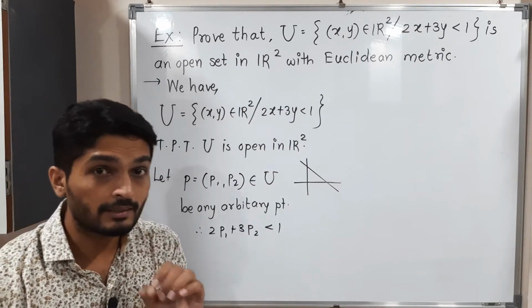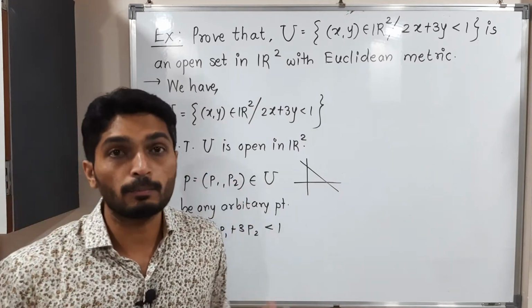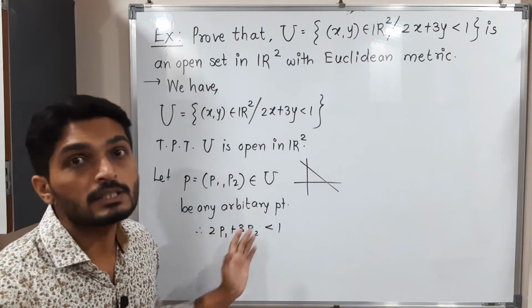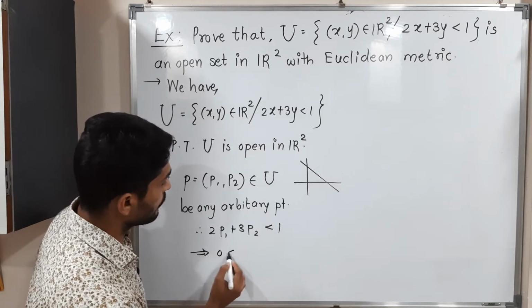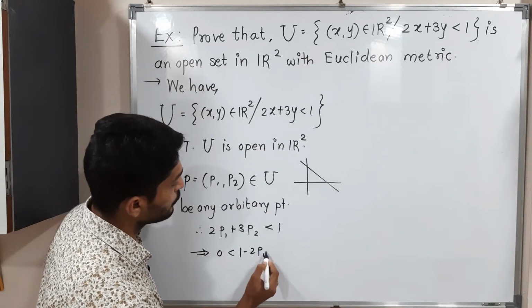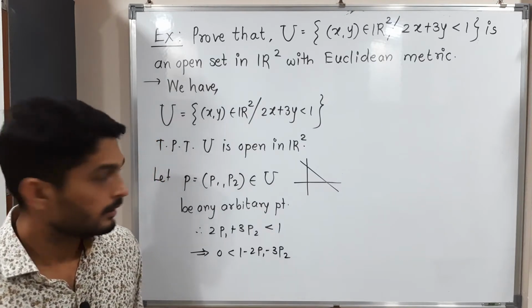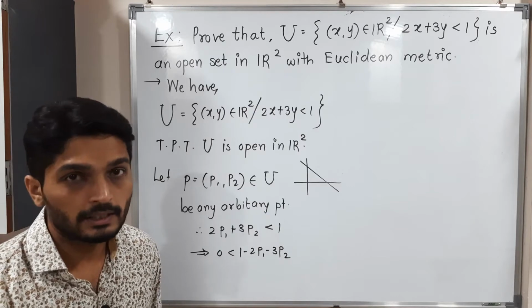We have to select a radius which is positive. Okay, so my focus is on a positive real number. For that, I am going to shift this term to that side. Implies 0 is less than 1 minus 2p1 minus 3p2.